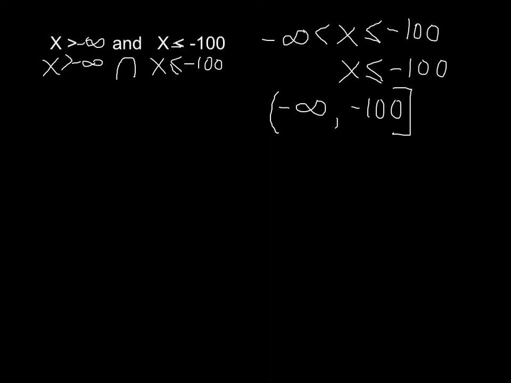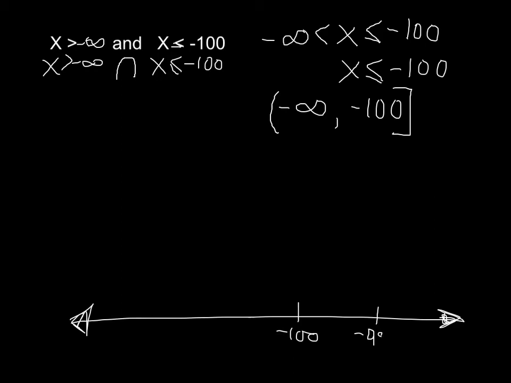Well, now that makes our number line pretty easy as well. So we're going to draw our number line here at the bottom. We know we're going to need negative 100, negative 99, negative 101, negative 102. And from this side, the left side, we can see we go all the way to negative infinity. So we know we're going to go all the way here. The right side is less than or equal to negative 100.